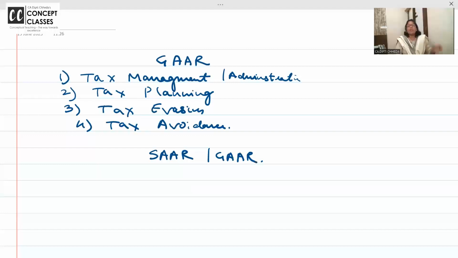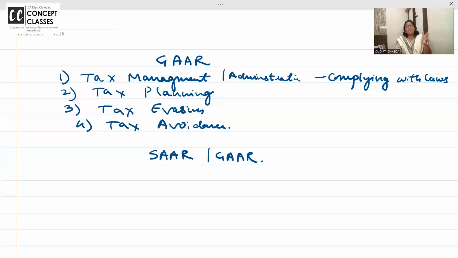Tax management or administration is complying with the laws. How do you comply with laws? Like today is 13 June, and 15 June is the last due date for paying your first installment of advance tax. That is 15%, so you need to pay it on time.